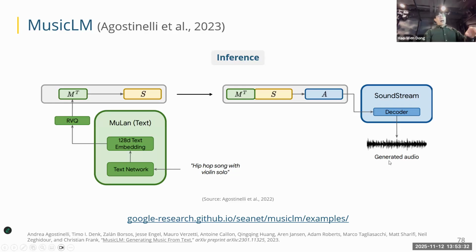So that's how a lot of nowadays models are doing, because this sort of disentangles the idea of text and music understanding from the generation process. And part of the reason is because of the legal concern. So MuLan is trained potentially on more copyrighted data.